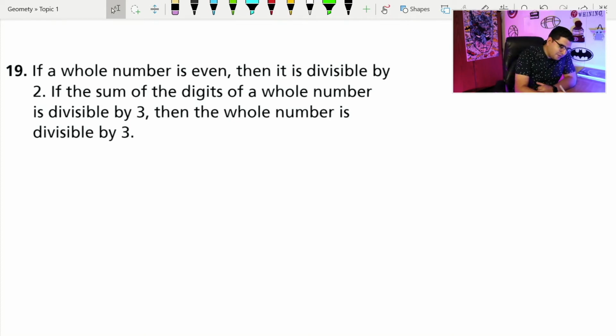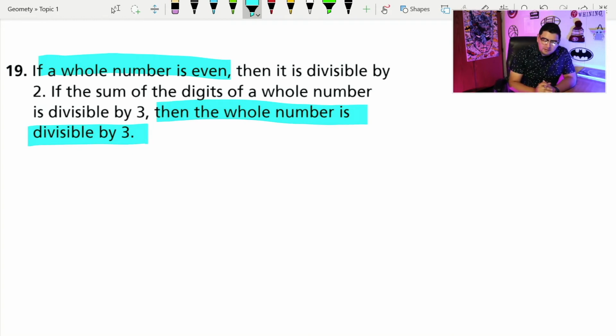And what you'll notice here is that I actually have four completely different statements. If a whole number is even, is that the conclusion to the next one? Then the whole number is divisible by 3. Fortunately not. These two things are not related. I can have a number that's even, a whole number, and there might be a chance that that whole number is divisible by 3, but it's not guaranteed. These two I cannot relate.